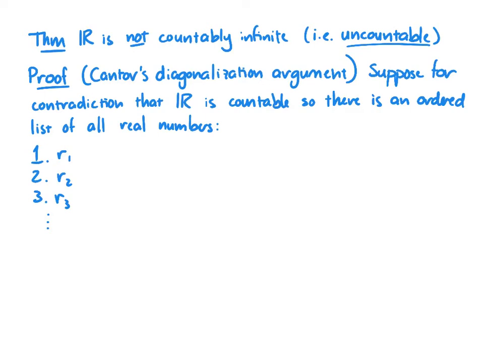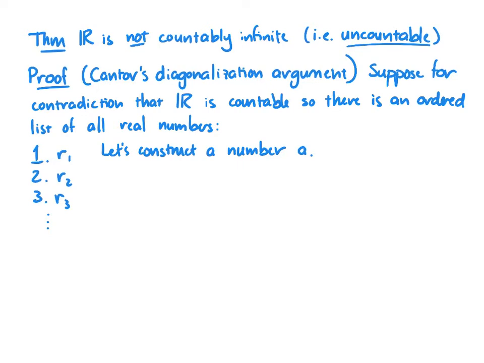So we're going to construct a real number for ourselves. Let's construct a number A. I'm assuming that all the numbers in the list are written in decimal form.